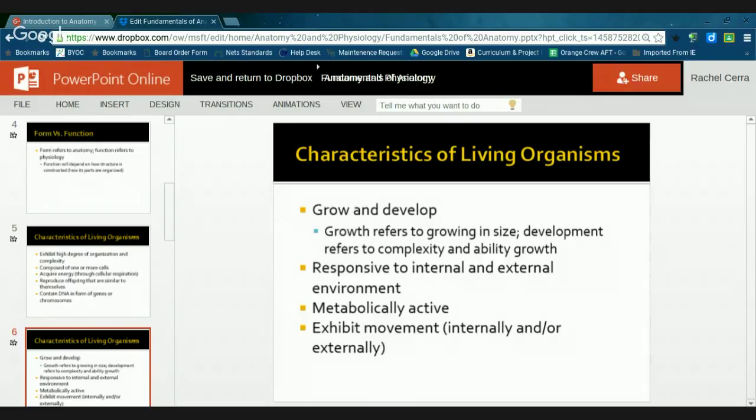And then your last thing is that in order to be considered living, you have to exhibit movement, internally and or externally. So almost all of our organisms will actually move at some point in time, even organisms that don't look like they would, like a coral, for example.